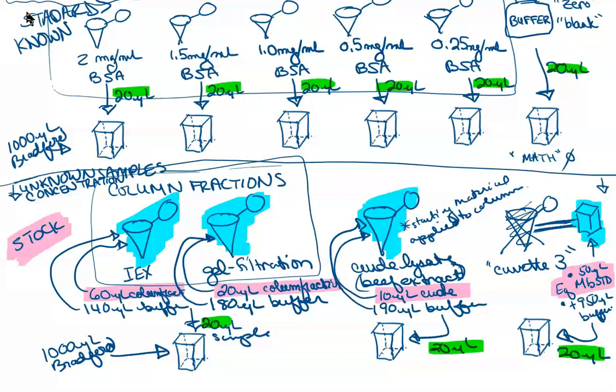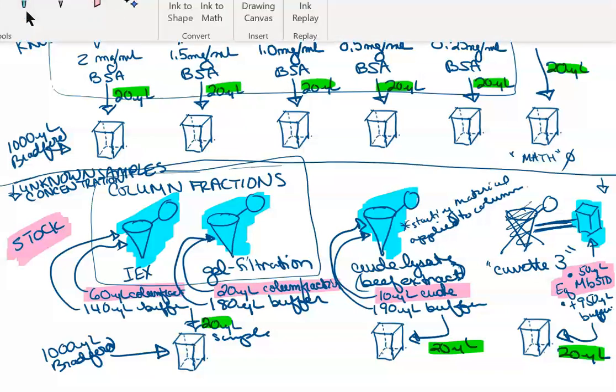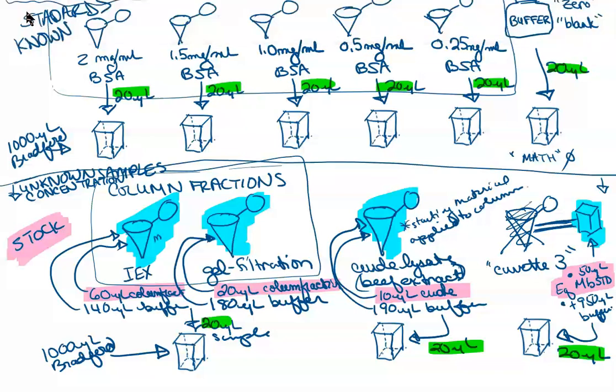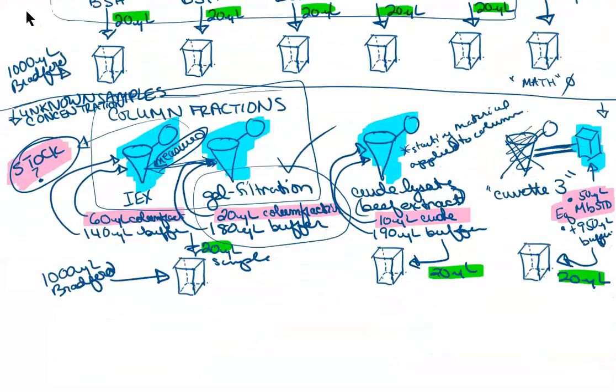So yes, we measured the concentration in these dilutions that we made. And now we need to do some math to figure out what was the concentration in the stocks. Let's use the gel filtration example to show you how to get that.